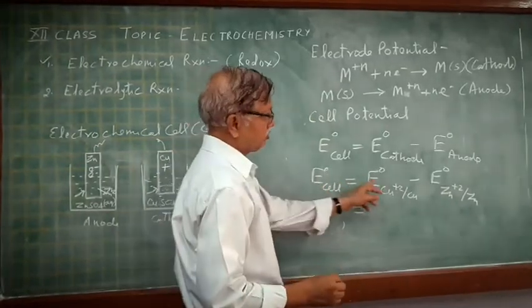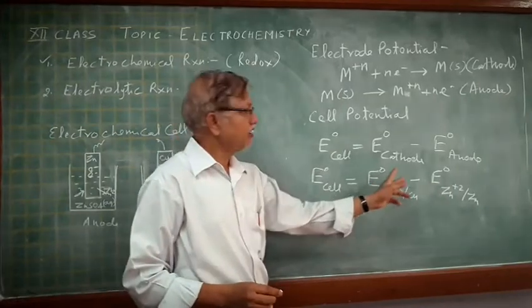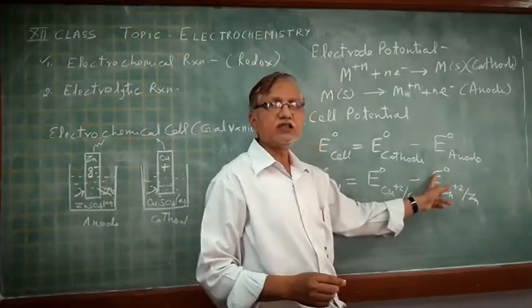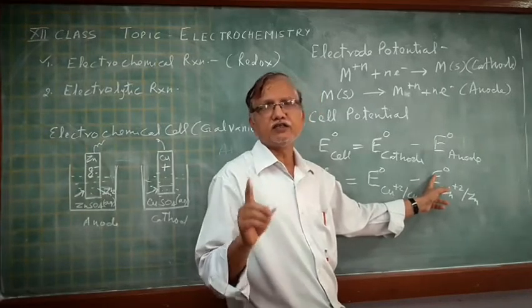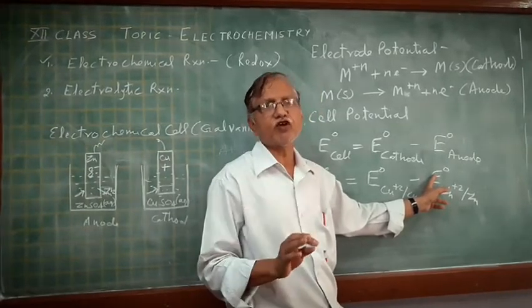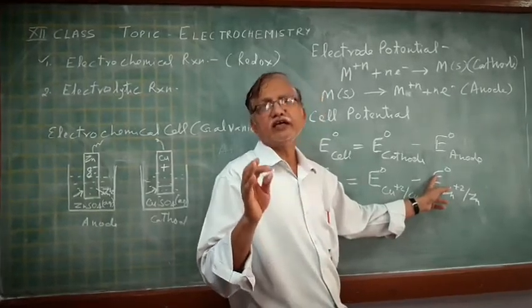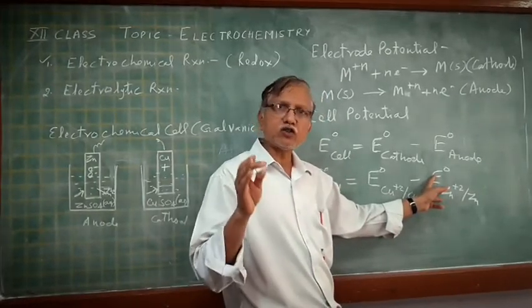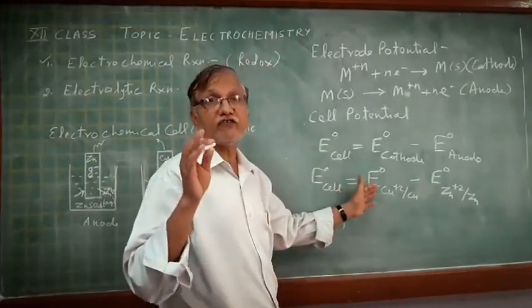E0 cell equals E0 copper minus E0 zinc, the electrode potential of copper and the electrode potential of zinc. These values we can get from the electrochemical series. These are standard values you can get from the book or any reference book. Even in the examination it will be given to you. But for some electrodes you have to learn these values, because copper and zinc are very important.